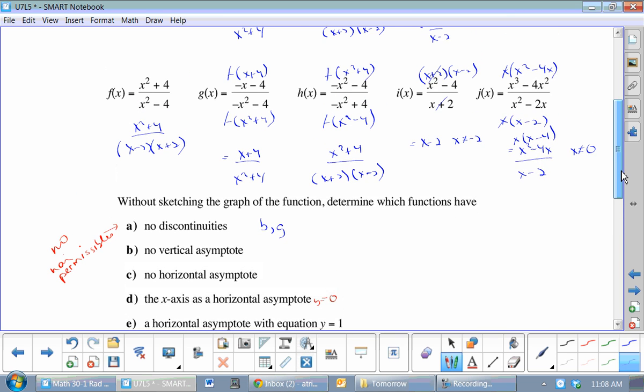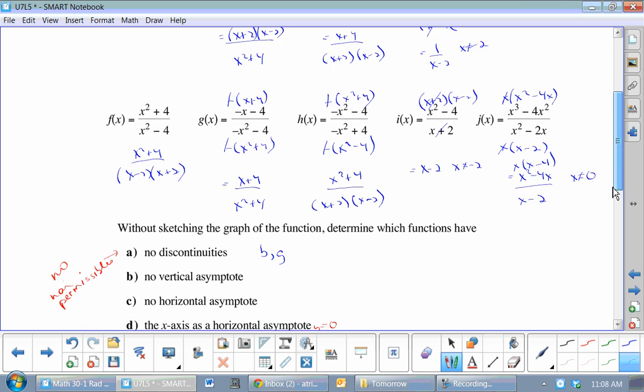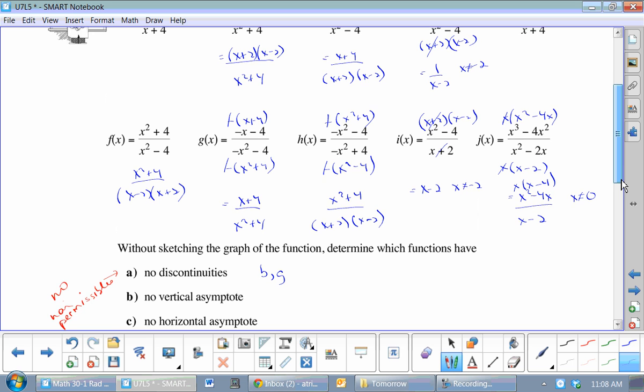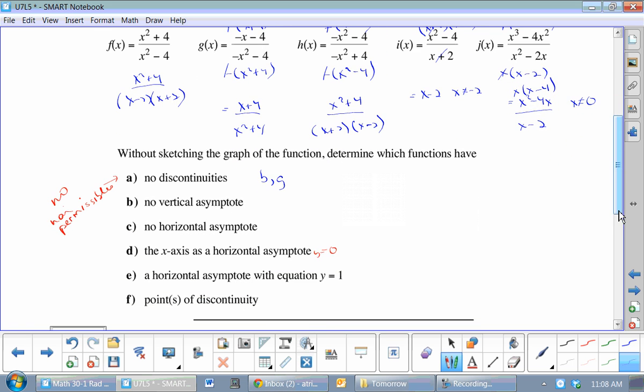Yeah, an x squared and a plus, or something that is not going to have anything bad on the bottom. And B and G, are they the only ones? Is there another one? Okay, yeah, that's right. No vertical asymptotes.